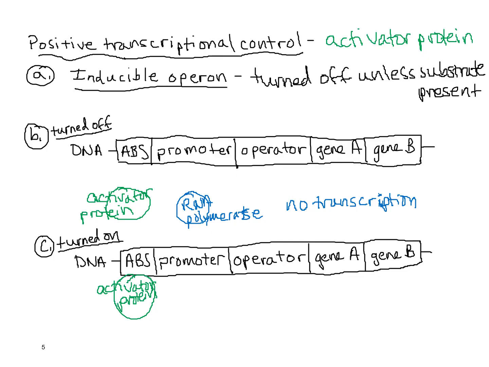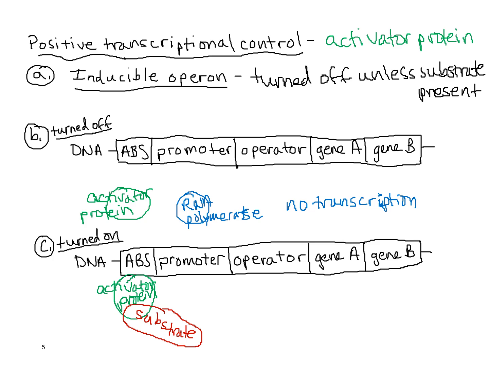If our substrate is present, it will bind to the activator protein, and that'll change the activator protein's shape and allow it to bind to the activator binding site.